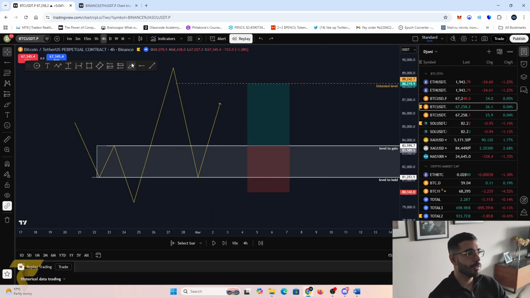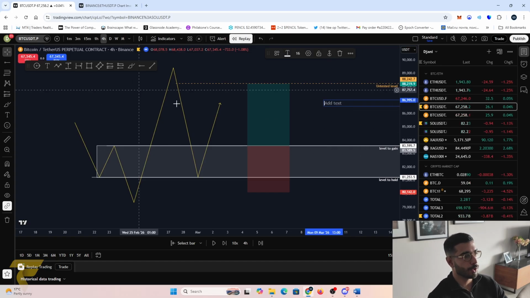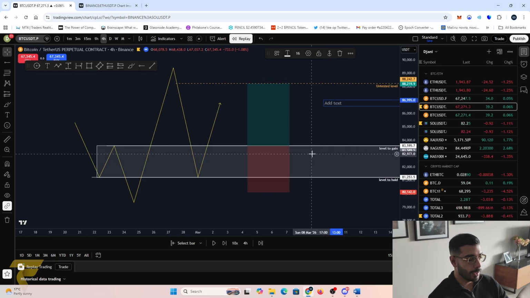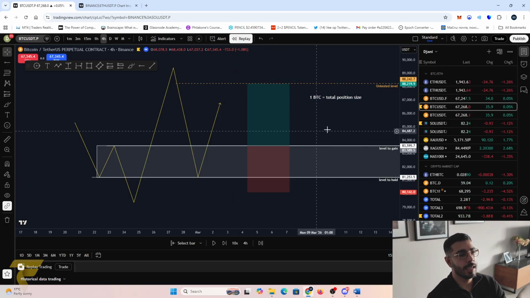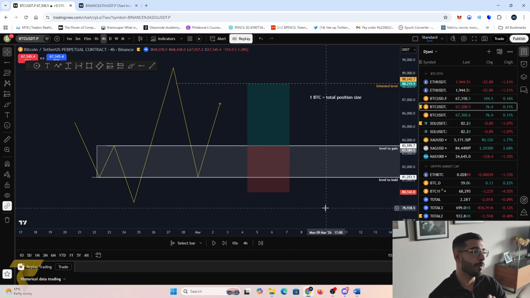However, you need to understand that, let's just say we are interested in trading, in this case, Bitcoin, and let's say I'm interested in taking a position of 1 Bitcoin in total. So this is the total position. What I would suggest, because at the end of the day, risk reward wise, the position on top of the level obviously is not the best.